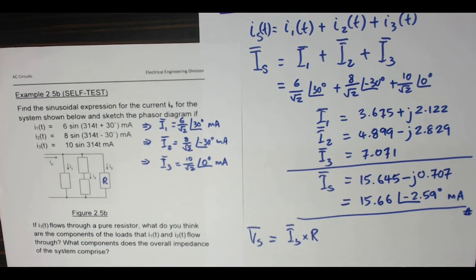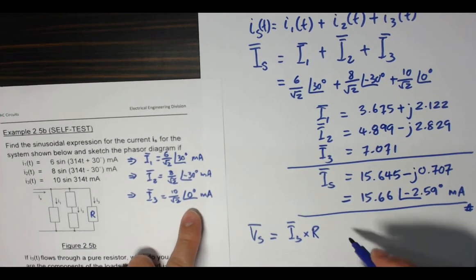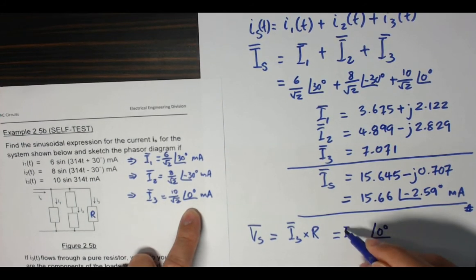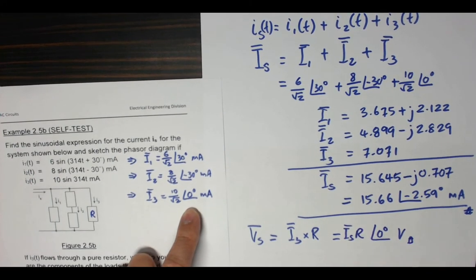I know Vs, I know Is. So if it's a pure resistor, that's why I have 0. That means the phase angle of Vs is also 0. That means Is times R with a phase angle of 0.